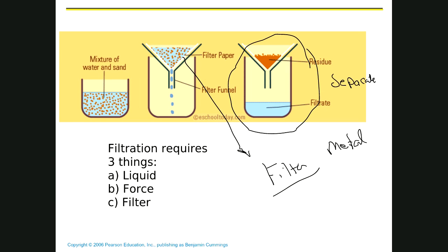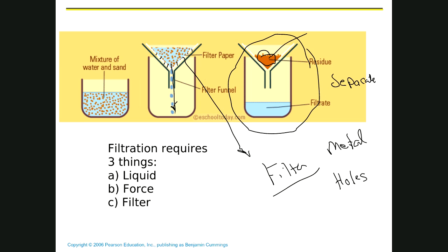A filter has holes in it. So if I look at a filter like this one right here, there are little tiny holes in it. So look, the liquid went through, but this brown stuff, the residue, did not.